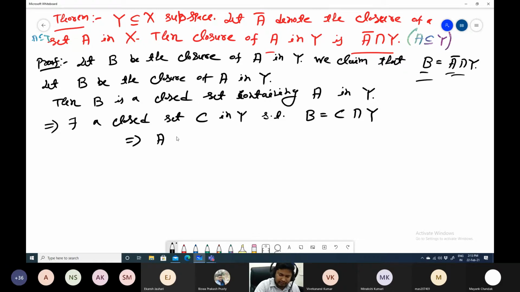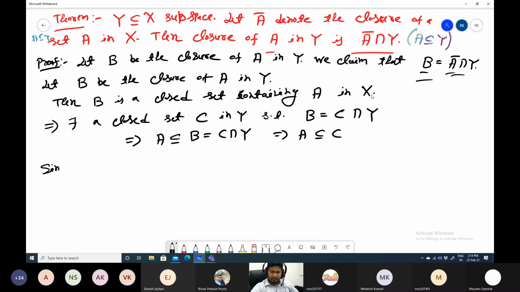So that implies A, which is a subset of B because B equals C intersection Y, is a subset of C. So B is a closed set in Y and there is a closed set C in X.